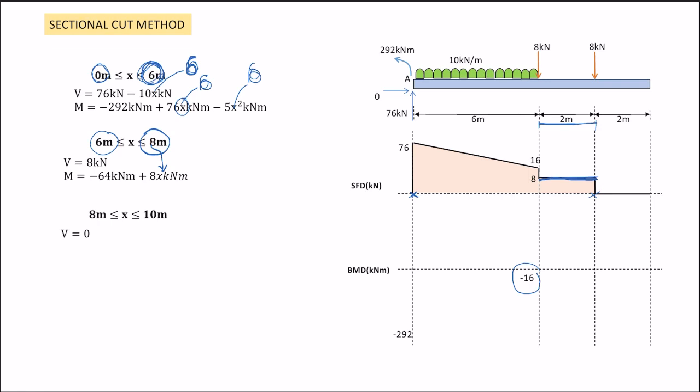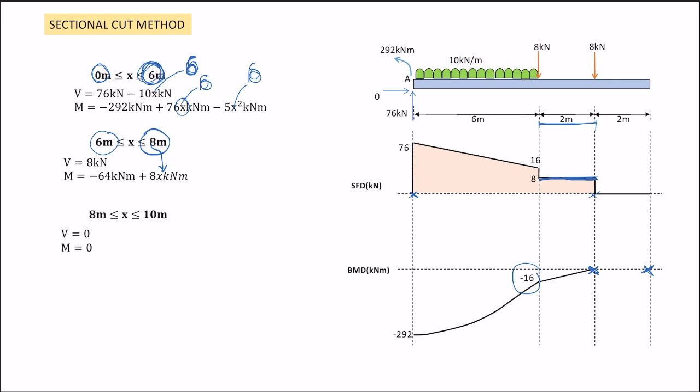I get 0. Okay, so dia akan go back to 0. Dekat 8 meter. So bila you kira pula for the next limit, which is 8 sampai 10, M adalah 0. Okay, so maksudnya di sini tetap 0, kat sini pun 0. Dan boleh buat straight line sahaja.